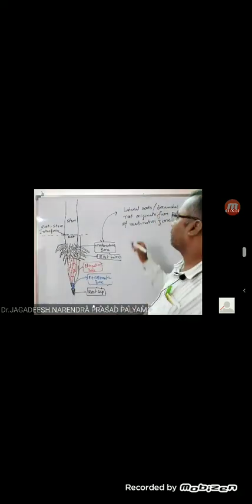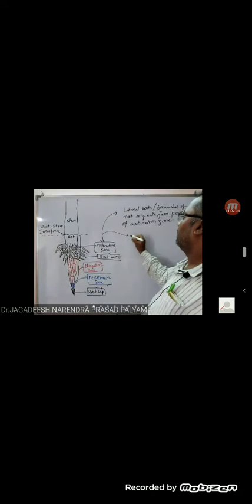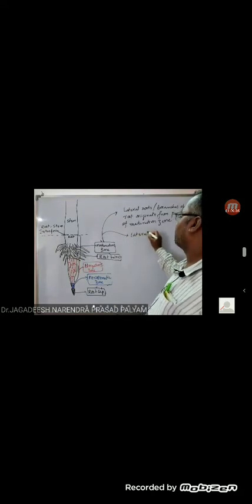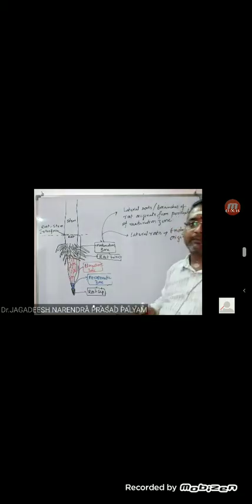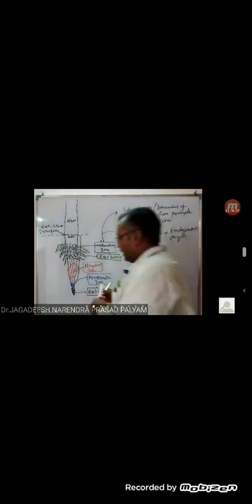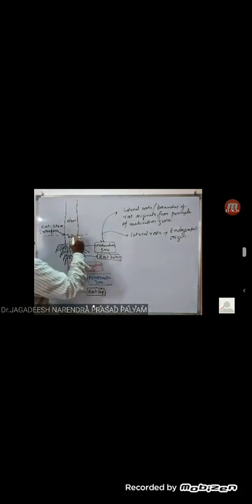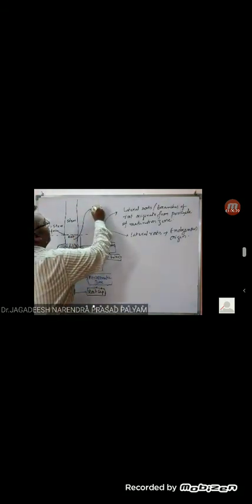So lateral roots have what kind of origin? Endogenous origin. Endogenous origin. And another important thing is the proximal part of the maturation zone helps for mechanical support.